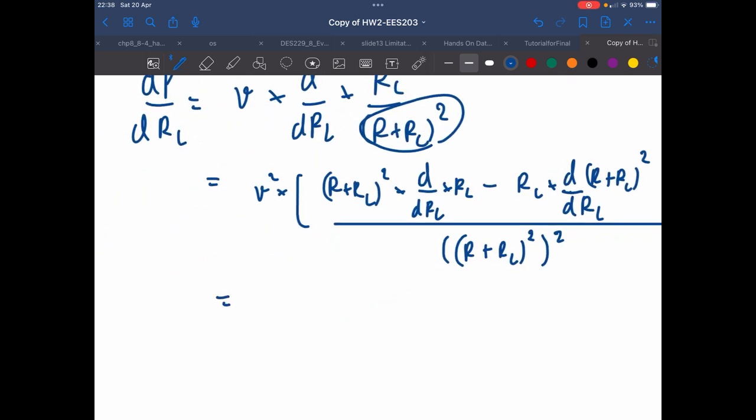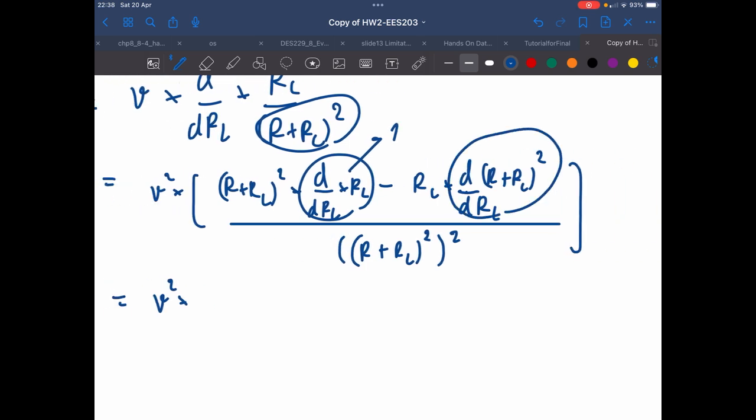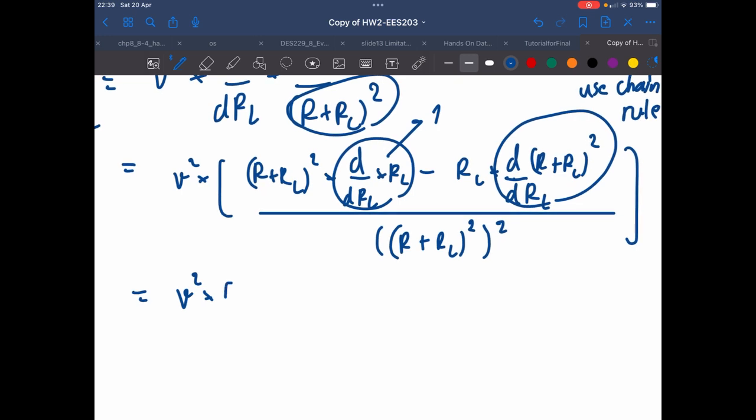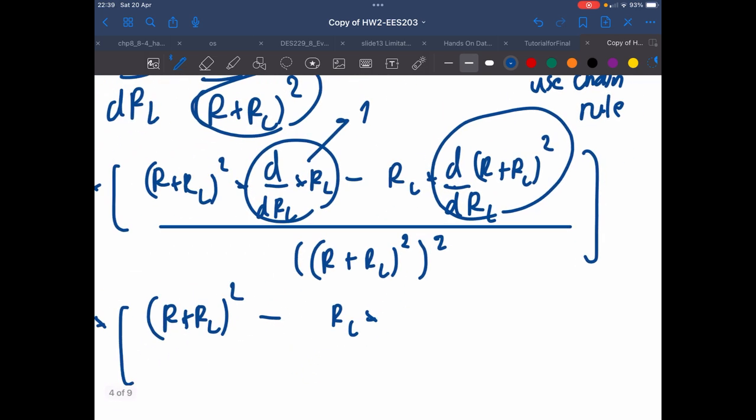Alright, let's simplify it. This part equals 1. This we could use the chain rule. Okay, this one minus RL times, if you remember the chain rule, we could write it in this case.